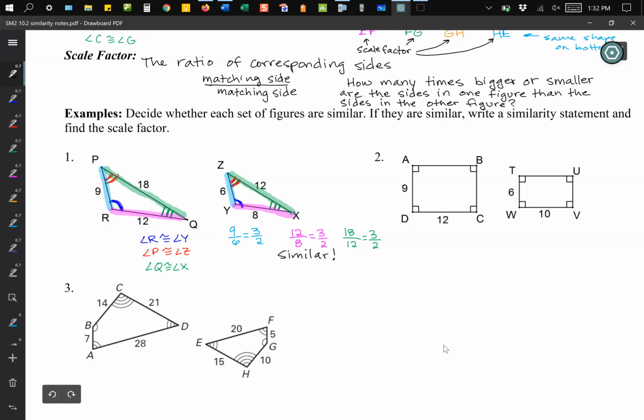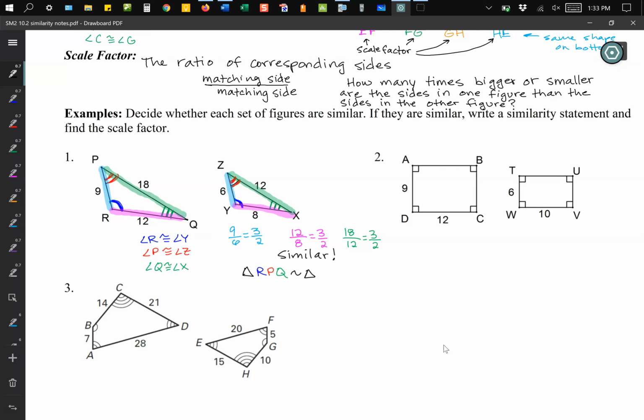Now I need to write a similarity statement. You can name the first triangle whatever you want. You can name it triangle PRQ or QPR or RQP. I will name it triangle RPQ, just because I'm feeling like not being alphabetical today. But whatever order I named that one in, the order on this one needs to match.